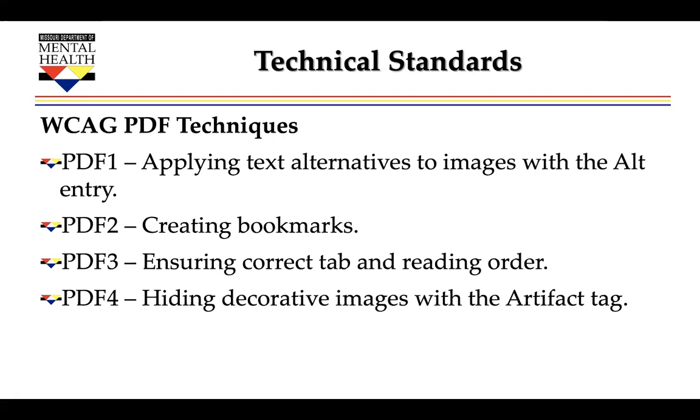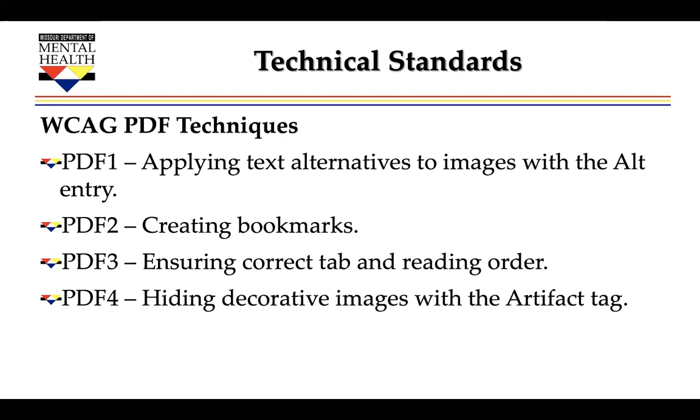And these images or figures or graphics need to be tagged with appropriate alt text that includes a description that is functionally equivalent to what that image provides to sighted users.